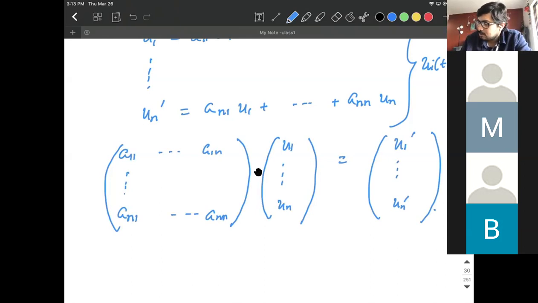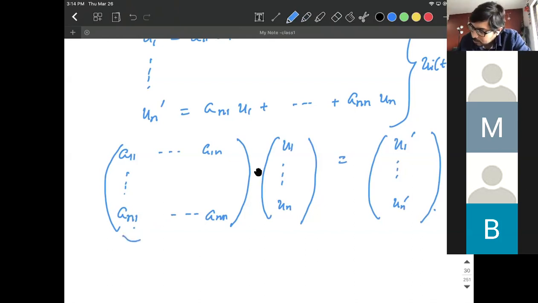So the left hand side should be read as A11 u1 plus A12 u2 up to A1n un, and so on for each row. The last equation is An1 times u1 up to Ann times un, equated with the right hand side.